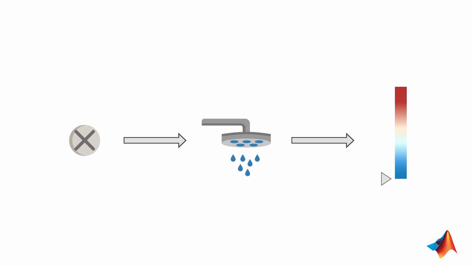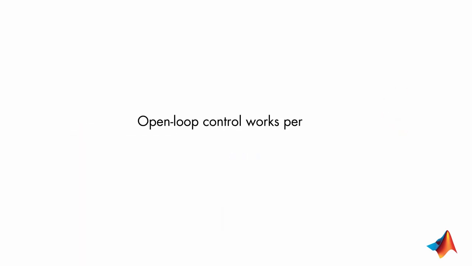To help little Timmy, you turn the handle to different positions, and based on this, the water temperature changes. Open loop control seems to work perfectly. All you need is to do a couple of experiments, and once you have an idea of the model of your system, you can easily find the input needed to get a desired output.